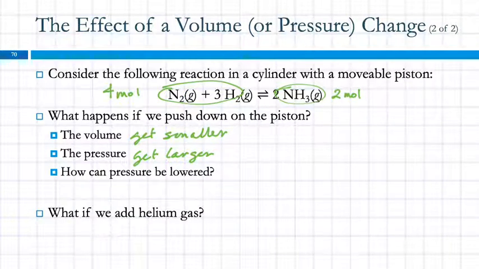Because remember, the pressure of a gas doesn't depend on the mass of the gas. It's not dependent on the size of the individual particles. It's the number of the particles. So the pressure can be lowered by shifting to the right. Any questions about that?